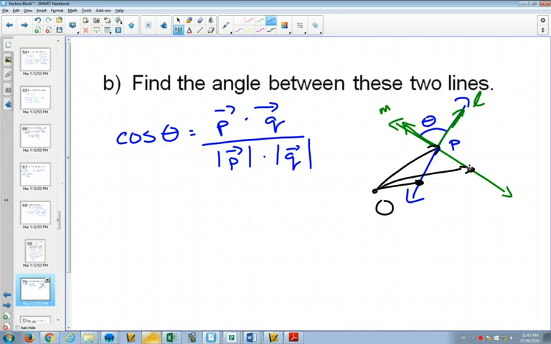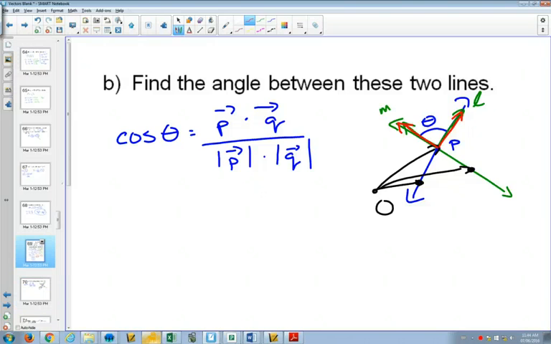But what we're looking for is this and this. Those red vectors are the direction the line is going in. Does that make sense? So when we want to find the angle between 2 lines, we need to use the direction vectors.